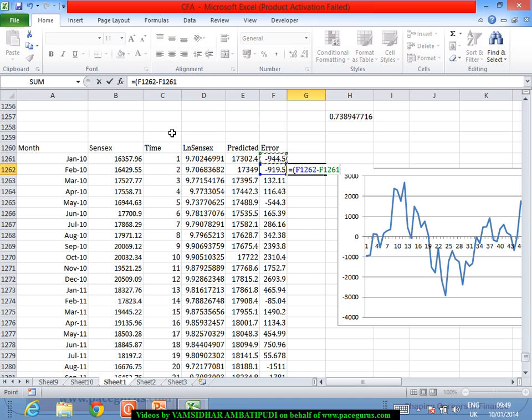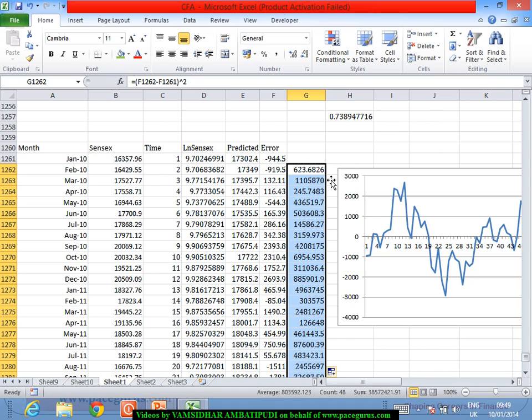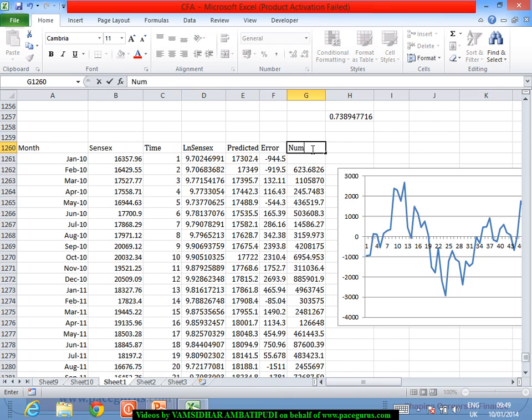So here I'll do the same thing. I do the square. These are the numbers, so the numerator of the Durbin-Watson statistic is this. For the denominator, I simply take the square of the error directly.